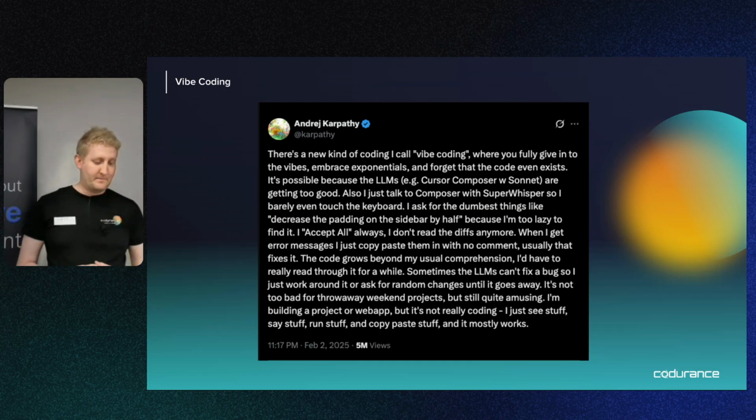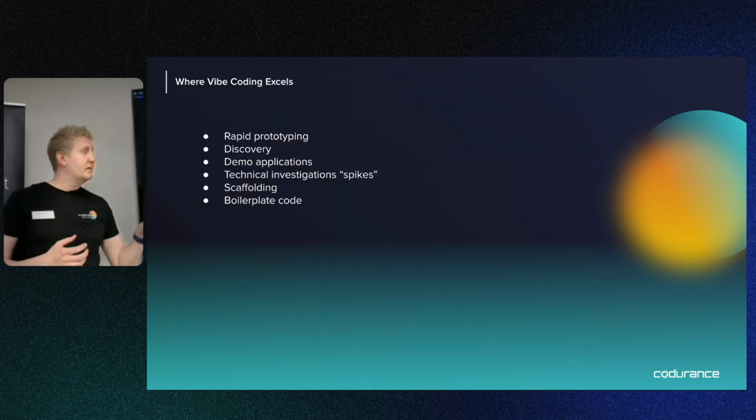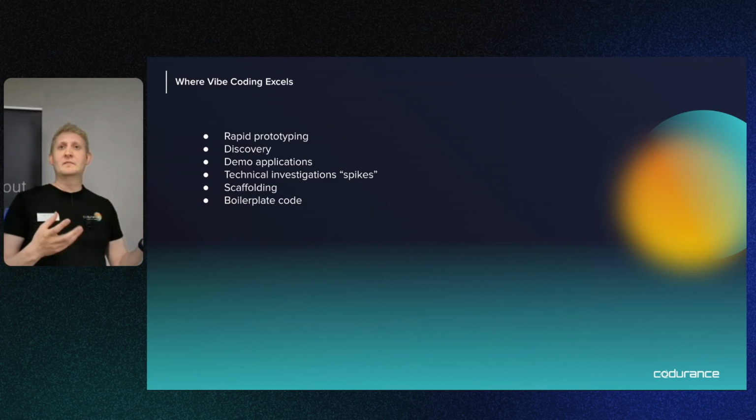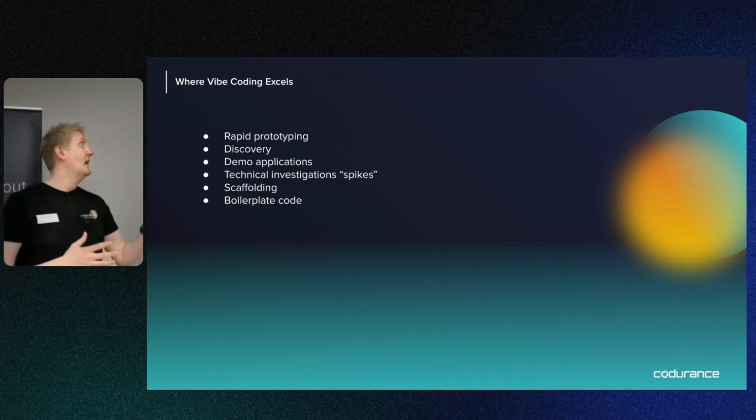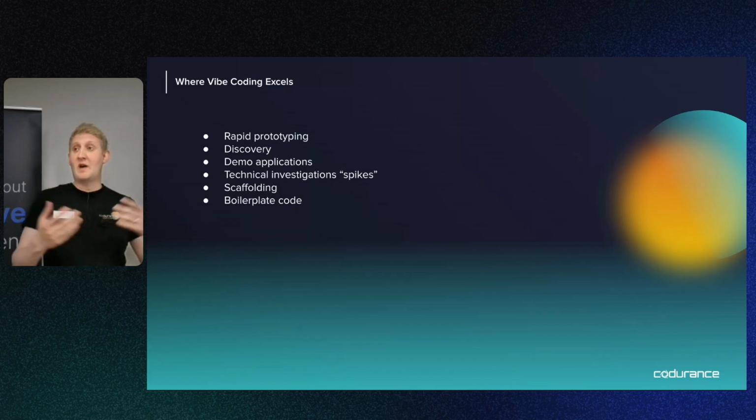In terms of where vibe coding really excels, in my experience so far, these are the patterns where it works really well. Rapid prototyping. Within Codurance, we've seen some really good successes building rapid prototype tools with a vibe coding approach.